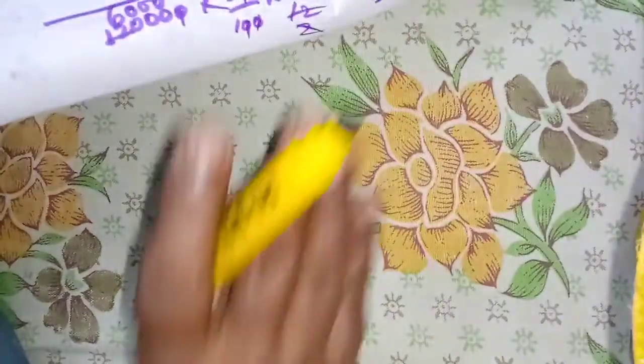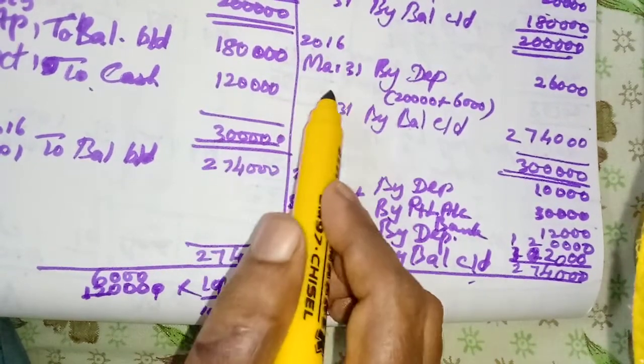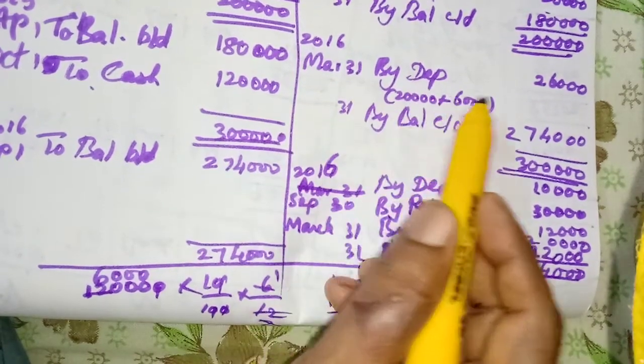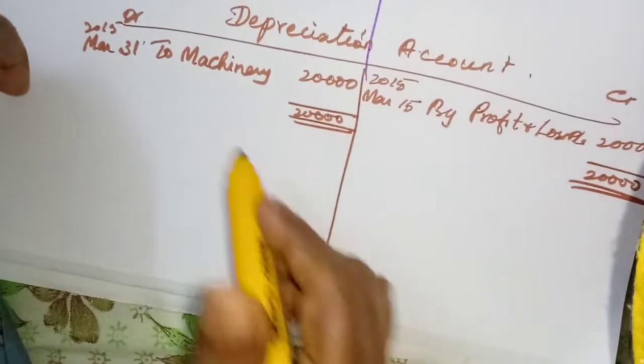Then next year, 2016 March 31, depreciation 26,000.